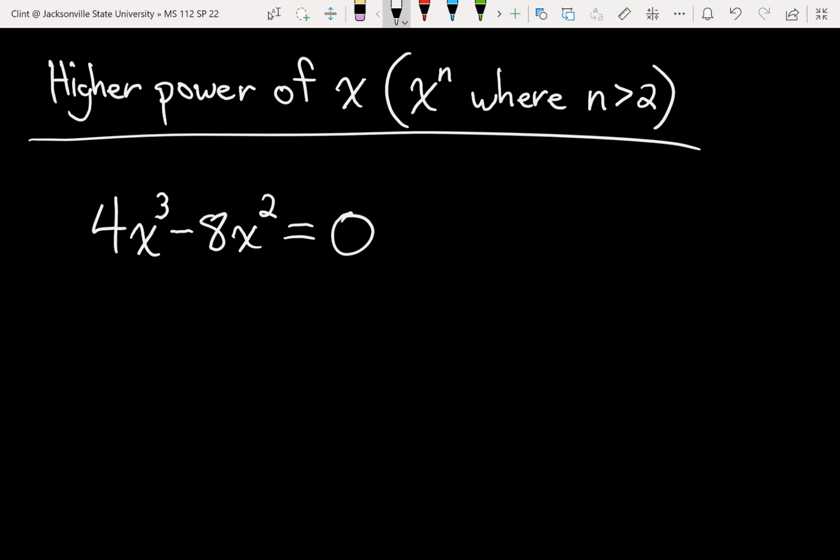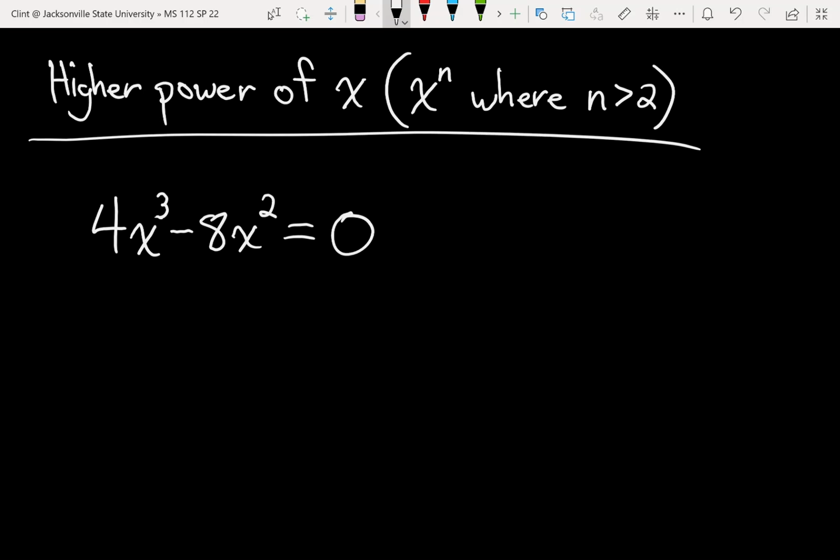You could say there's such a thing as a cubic formula, but it's ugly. And there is one for x to the fourth power. It's super duper ugly. And then it's been proven that there's no general solution for any polynomial equation that has an exponent bigger than 4.